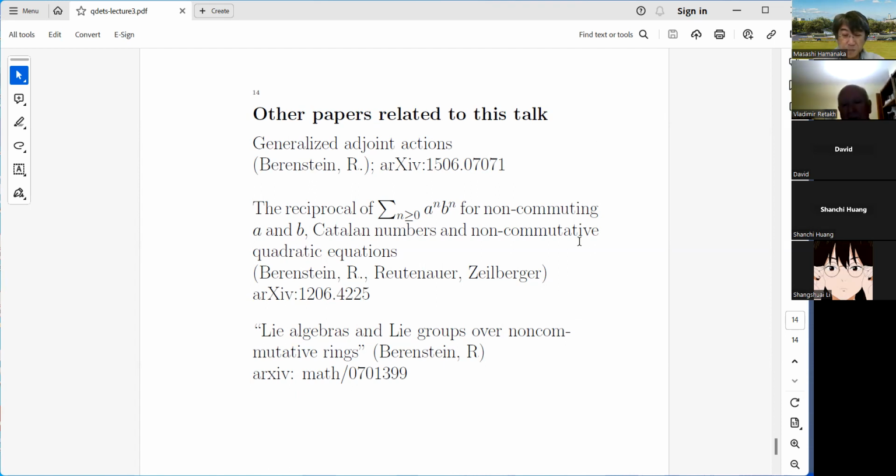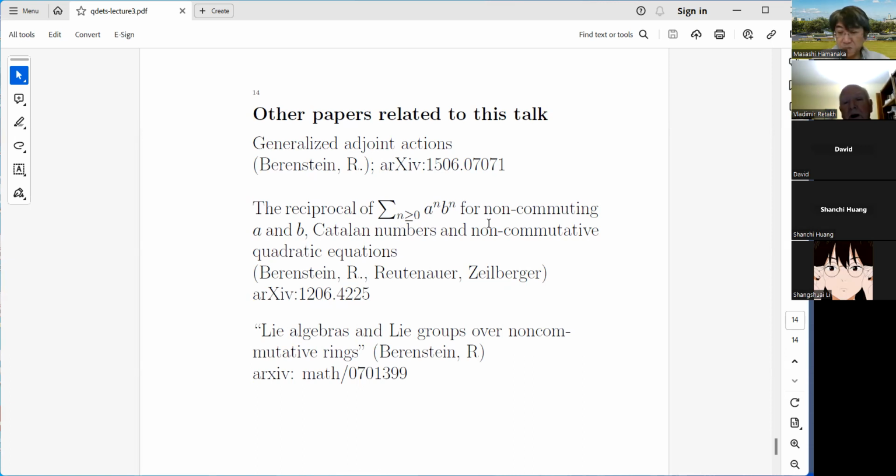Now another relation with the Catalan numbers is this problem. Suppose you have this series depending on non-commuting letters A and B, and you want to write its reciprocal in a good way.